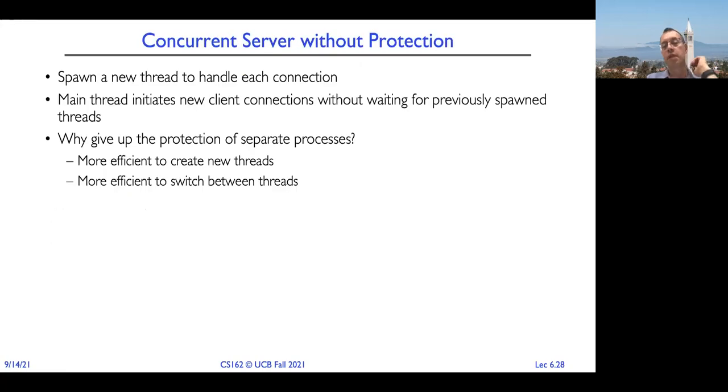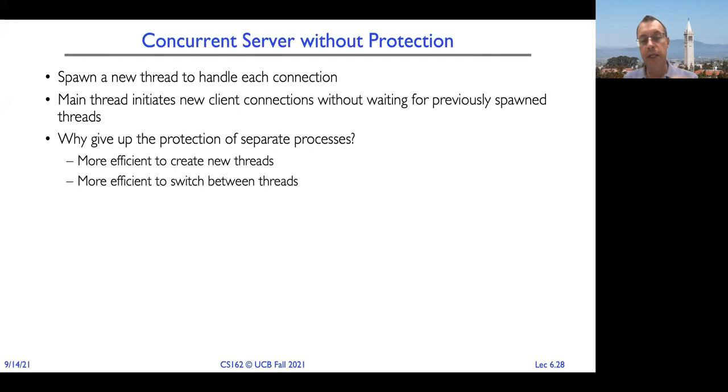Now, so far I said that you can provide concurrency if, for each client, on the server side, you have a different process to talk with that client, right? So now you have concurrency because processes can run concurrently. But now the problem with processes is that they provide protection, but they are heavyweight.